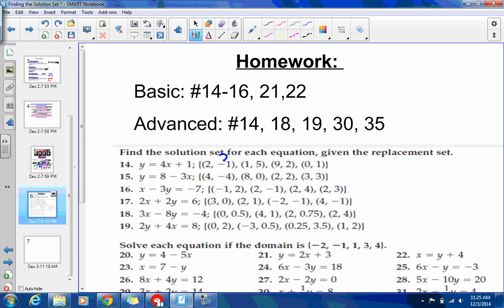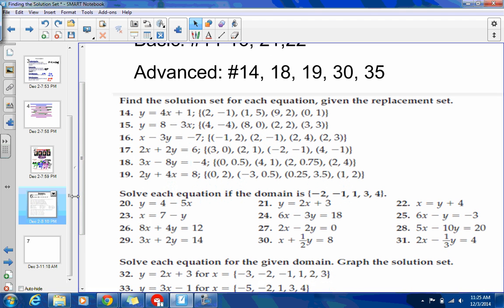I will give you a hint. I'll start you off with number 14, because everyone has to do number 14. So again, for number 14, it would be y equals 4x plus 1.